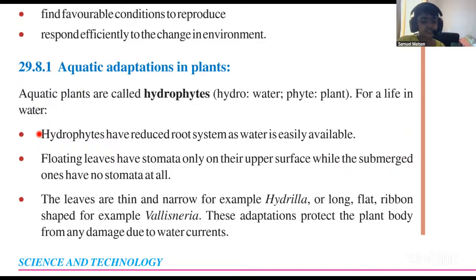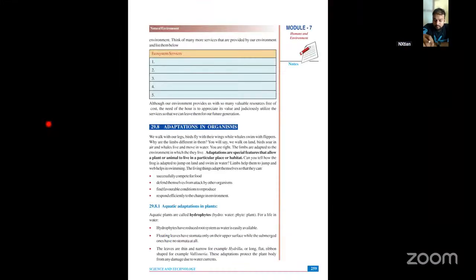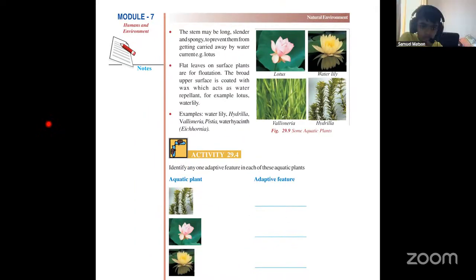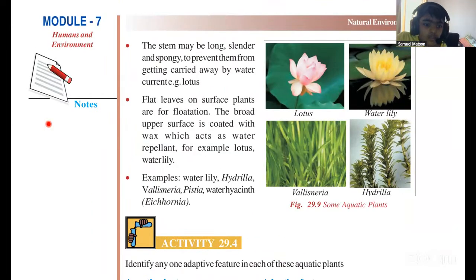These adaptations protect the plant body from damage due to water currents. The stem may be long, slender, and spongy to prevent them from getting carried away by water current, for example lotus.